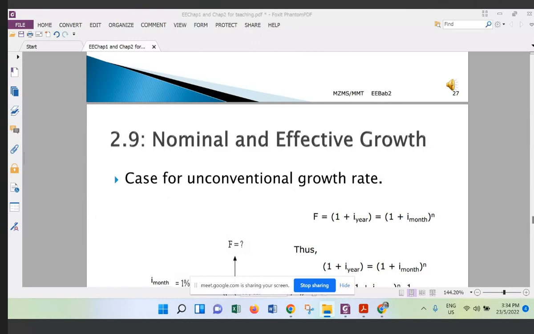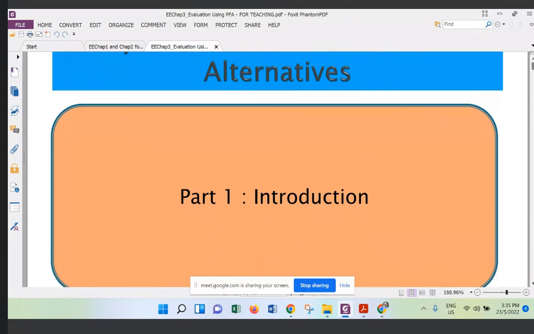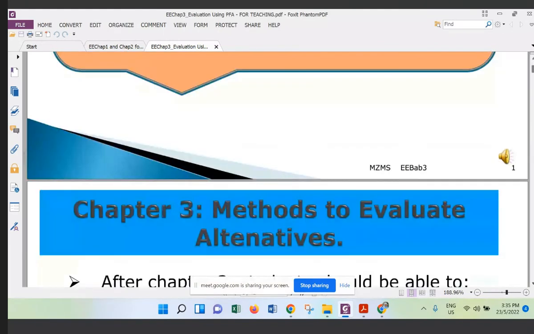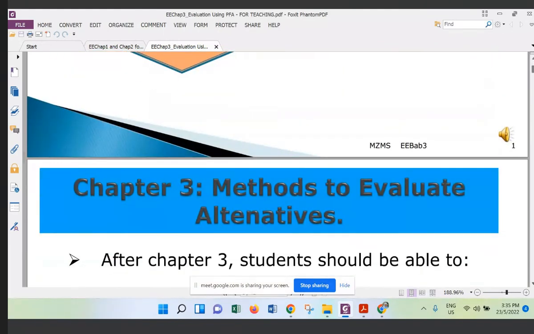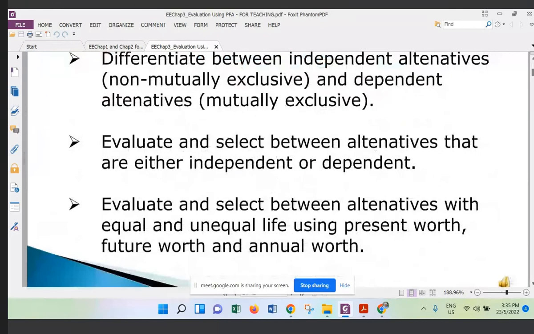Part 3, we put that as part 3. We also have this part 3, which is actually methods to evaluate alternatives. There is no new knowledge for this part; we just use whatever knowledge that we have covered so far.